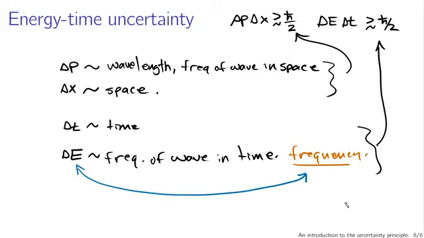when we start digging into the Schrödinger equation. The time-dependent Schrödinger equation and deriving the time-independent Schrödinger equation, which will give us the relationship exactly. But for now, position and momentum, energy and time, are both talking about sort of wave phenomenon, except in the context of position and momentum, you're talking about wavelength, frequency of the wave in space, whereas energy and time, you're talking about the frequency of the wave in time, how quickly it oscillates.